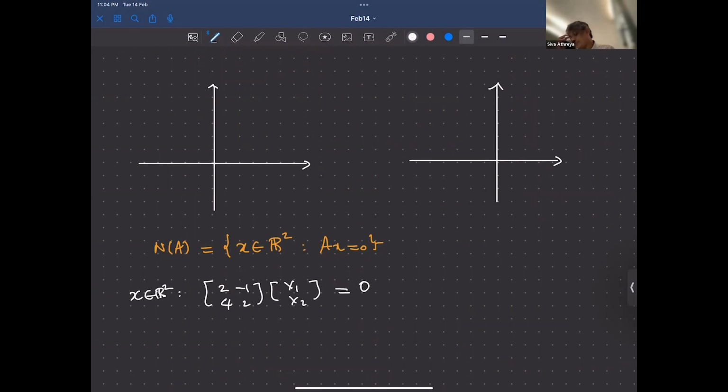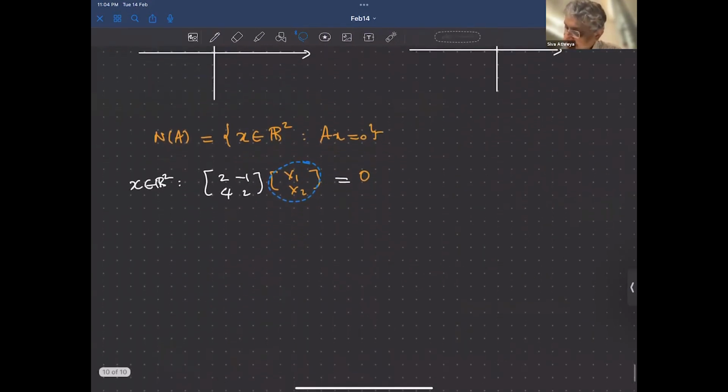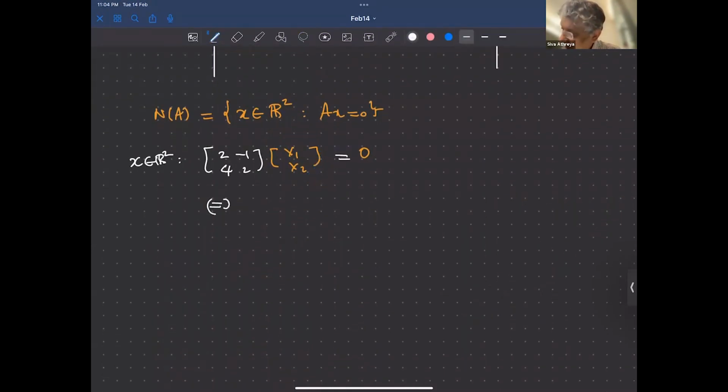Let me write the 0 vector in orange. I want to find all possible x that do this job. That's my null space. So what does that give me? Whether you do row echelon form or however you want to solve the system, it's the same as saying 2x1 minus x2 is equal to 0.